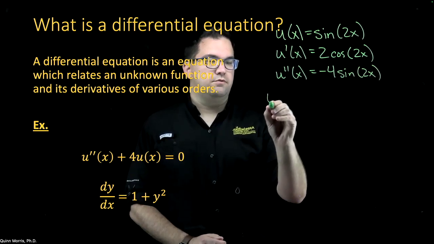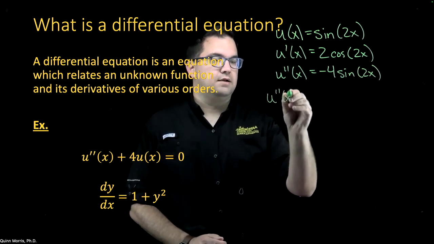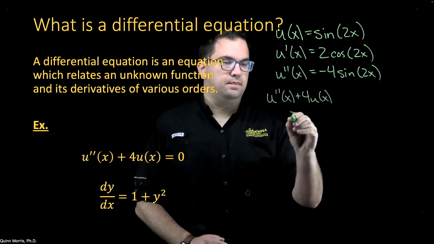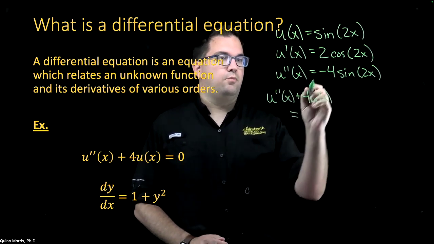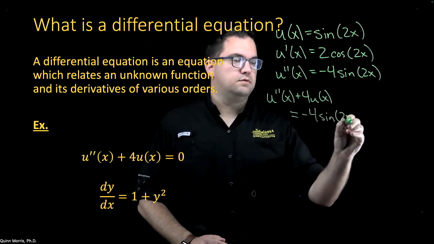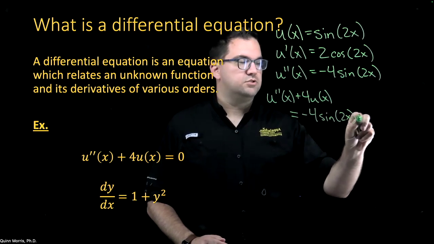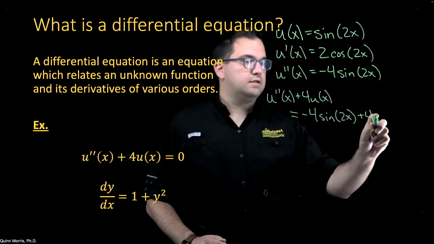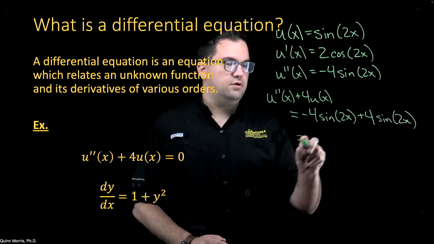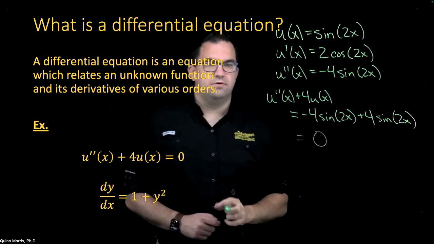Now u double prime of x plus 4 u of x is minus 4 sine of 2x plus 4 times sine of 2x, and those add together to give me 0.